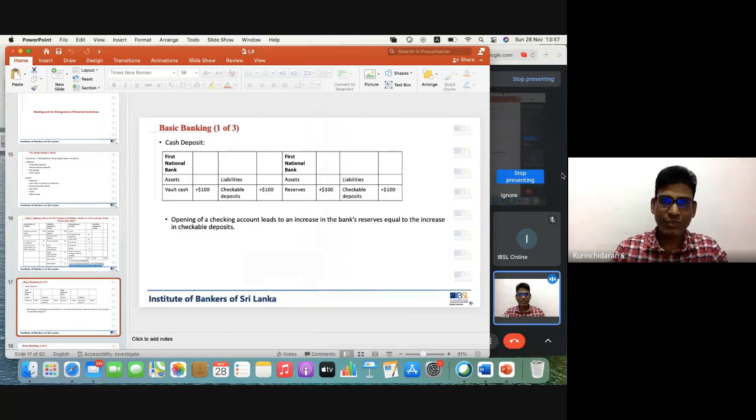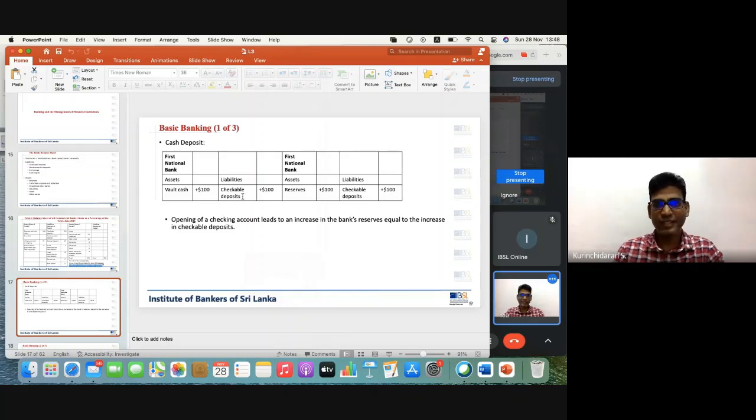Okay, you see the first part, right? A customer is coming and making a cash deposit. So his current account is credited. It's $100, and then the bank gets the cash.